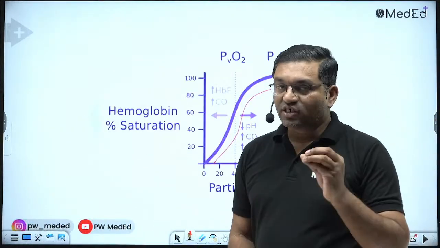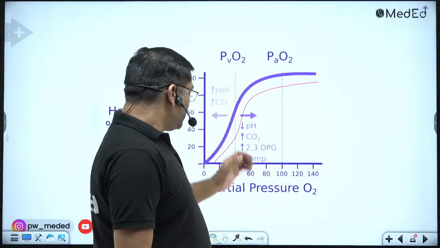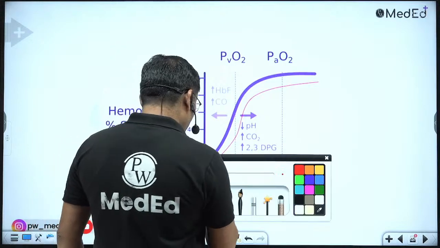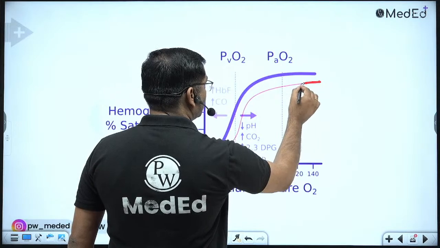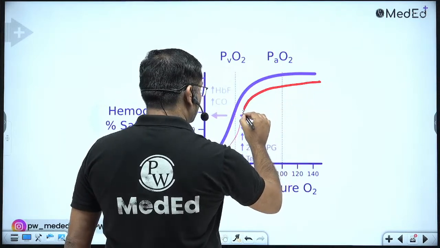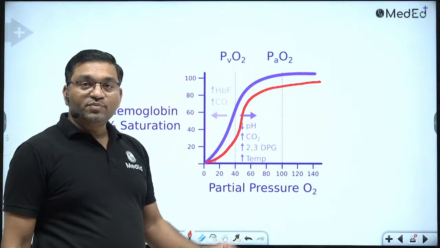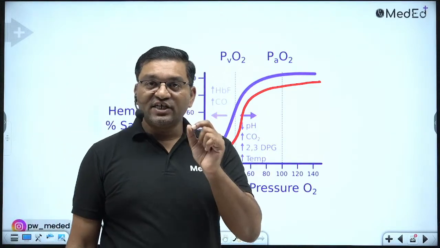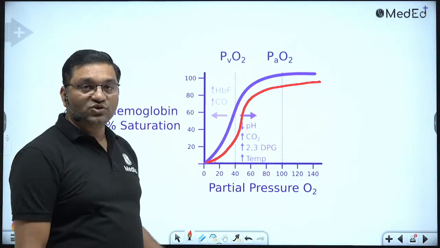The hemoglobin saturation curve is important, and so are the negative effectors which shift the oxygen dissociation curve to the right. It is a plot of partial pressure of O2 against hemoglobin percent saturation.